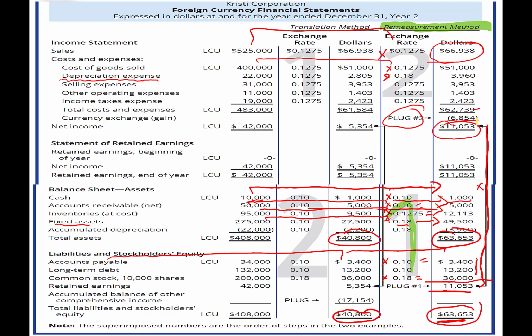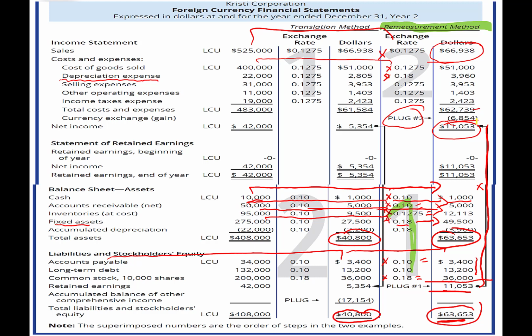Okay, so you just plug numbers in there to make these financial statements work, right? You basically plug in your net income, and then you go ahead, you do your remeasurement. When you do your remeasurement, you're going to have a difference between what the income statement is showing you as net income and what you ultimately reported, had plugged in there, as net income.